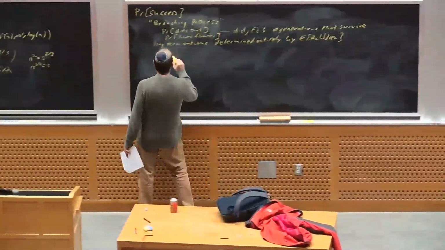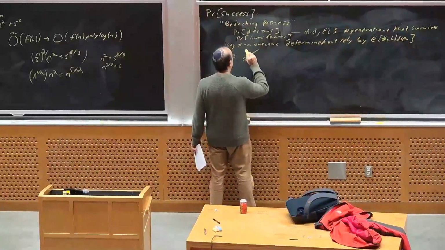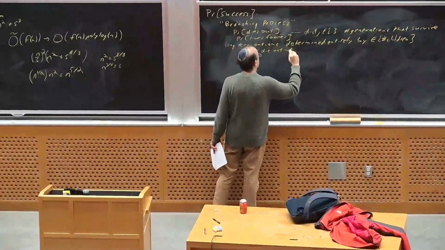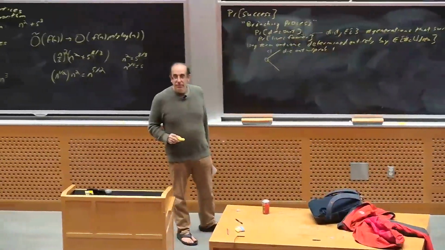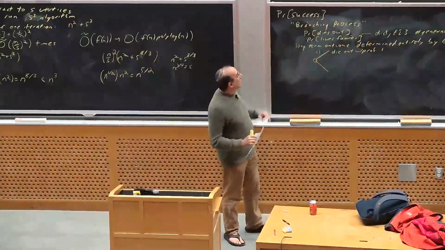And it's determined in a very simple way. If it is less than 1, then everything dies out with probability 1, eventually.